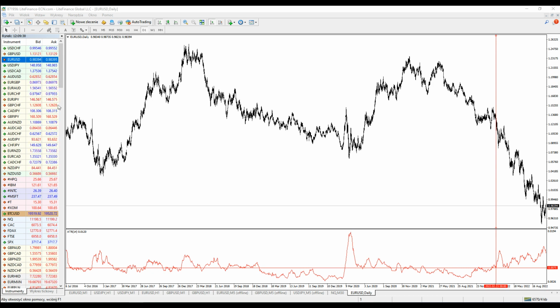Okay, so that's the basic stuff. What we have here is a daily chart of the euro dollar, and as you can see, there are certain periods of time. So what usually you can do, if you need some kind of filter, if you are a conservative trader, then ATR might be for you.